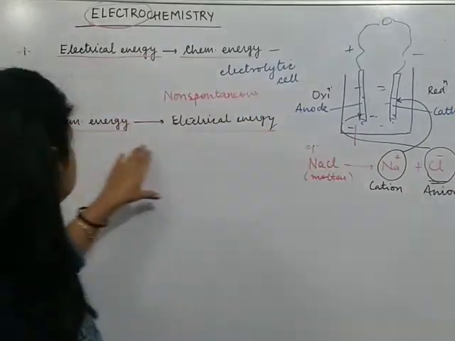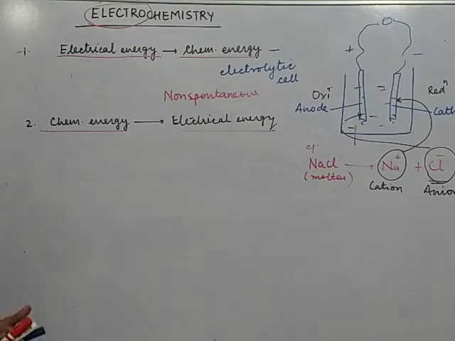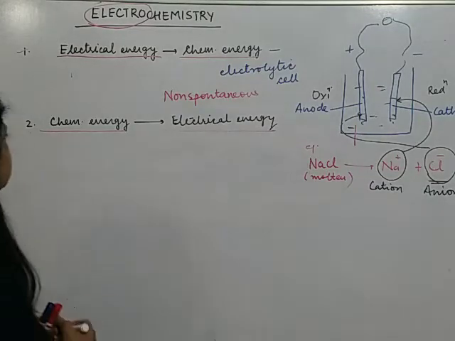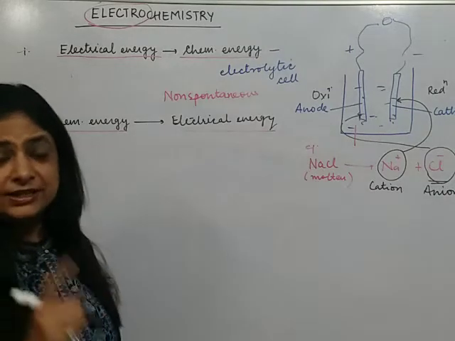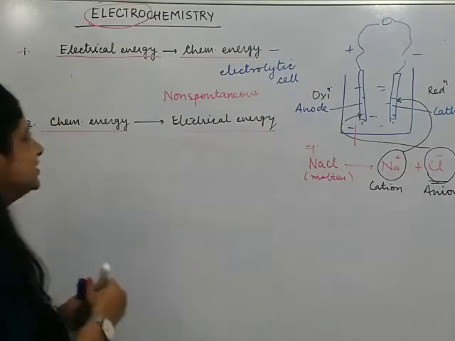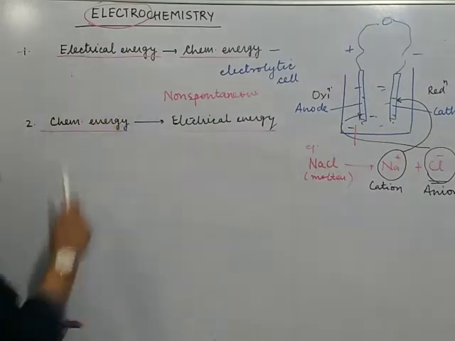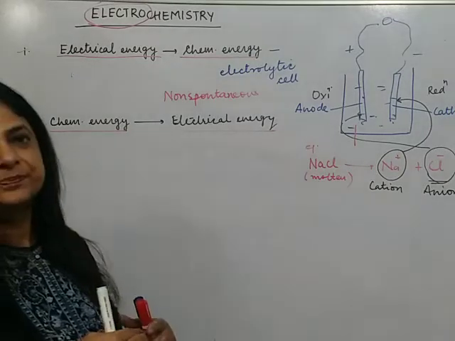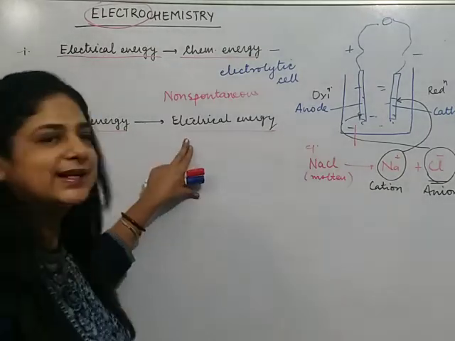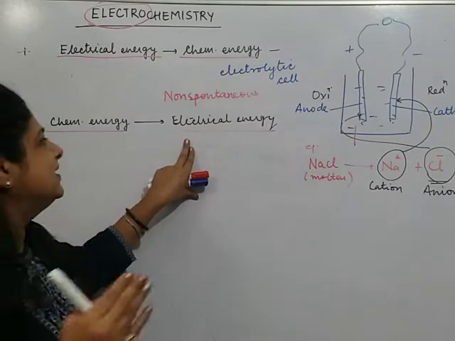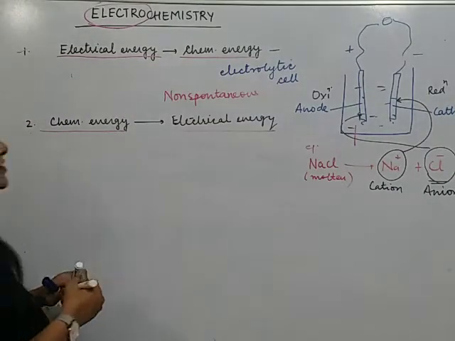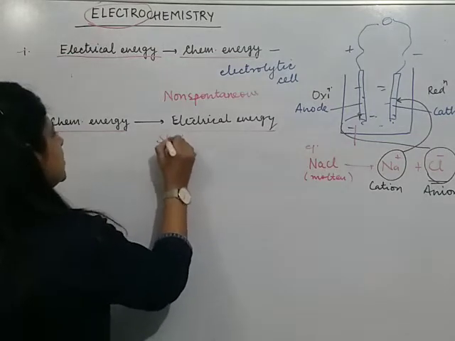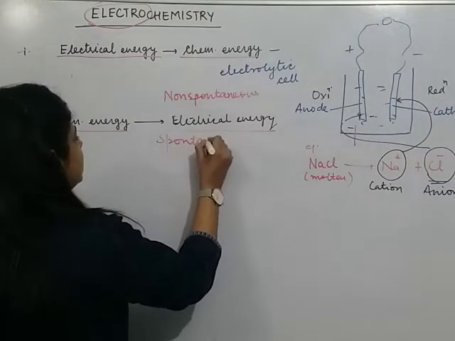Now let's move to the next conversion which we were discussing, and that is the conversion of chemical energy to electrical energy. This also indicates that in the earlier case the electrical energy is getting consumed, while in this case the electrical energy is getting produced. And the redox in this case is spontaneous in nature.